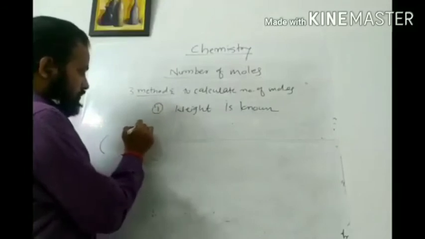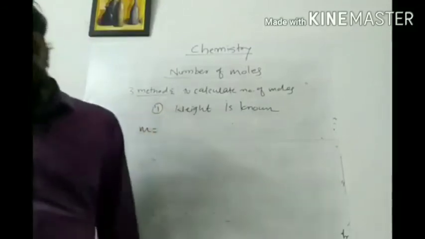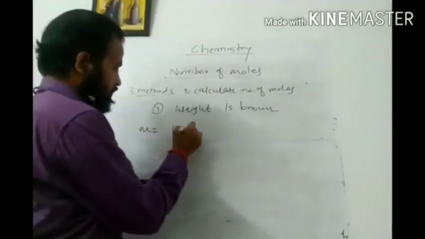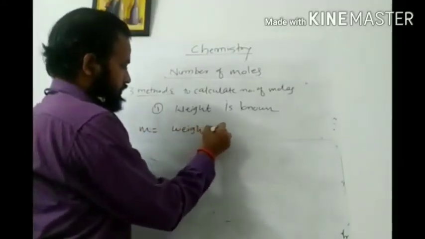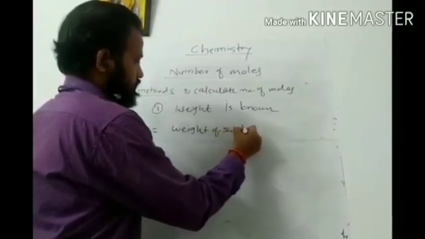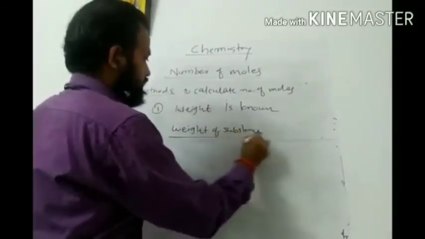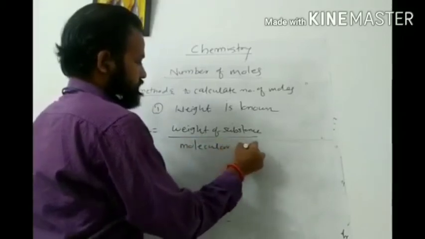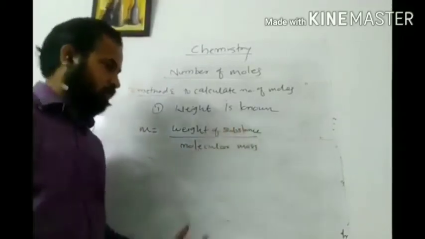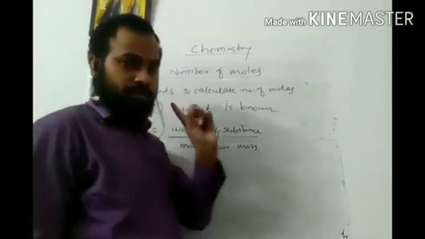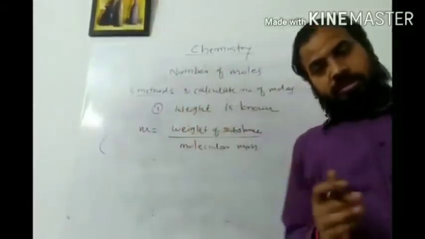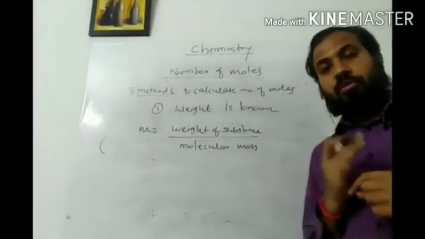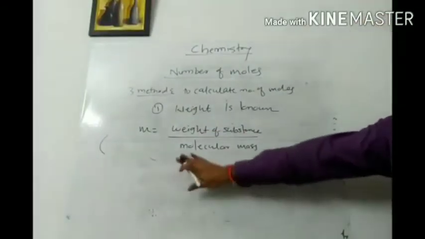Number of moles, denoted by small m, equals weight of a substance divided by molecular mass. So what is molecular mass? We studied it recently: it is the sum total of the atomic masses of the atoms present in a molecule.